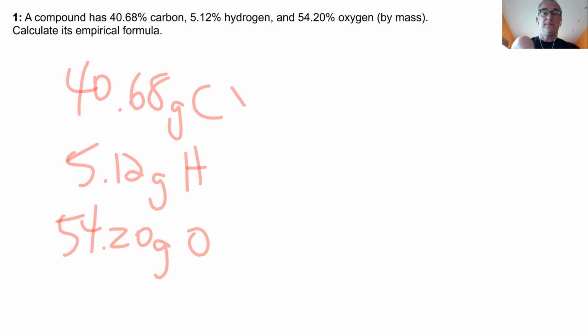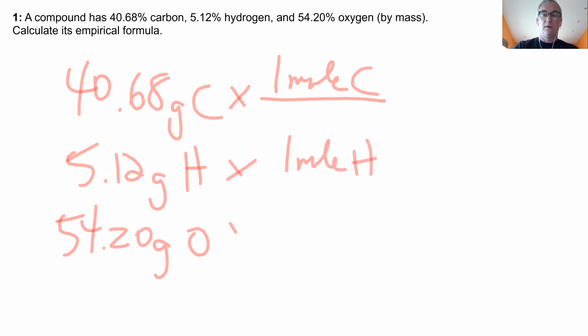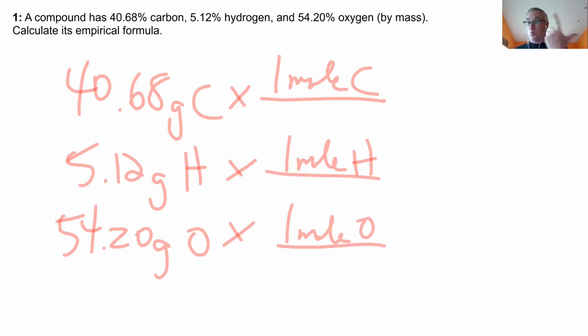So for each one, I want 1 mole carbon, 1 mole hydrogen, 1 mole oxygen, divided by the mass of 1 mole of each of those atoms. Then I can cross out grams and be left with moles.